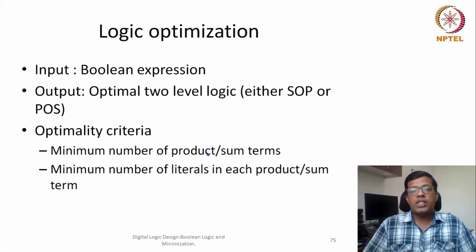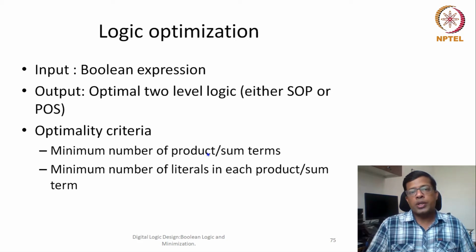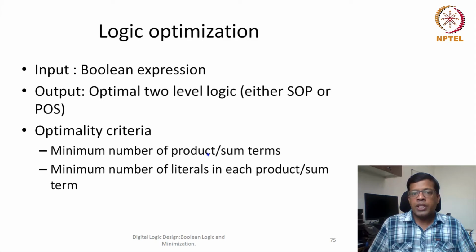So let's try to understand the meaning of this optimality criteria in terms of a hardware implementation using logic level gates. To understand this we have to see that each product term in a sum of products expression would lead to one particular AND gate, and the number of literals in that product term would be the number of inputs of that AND gate.